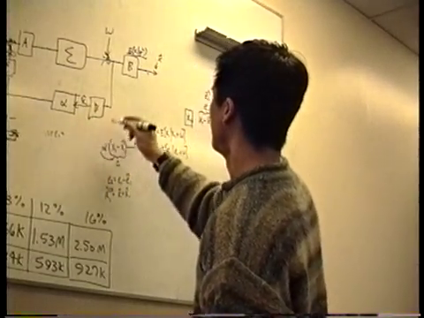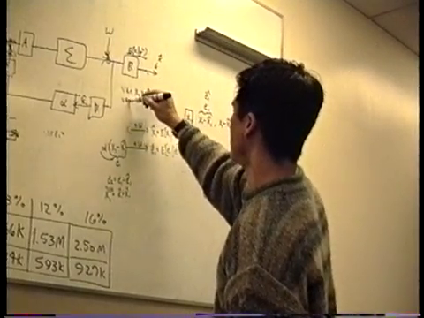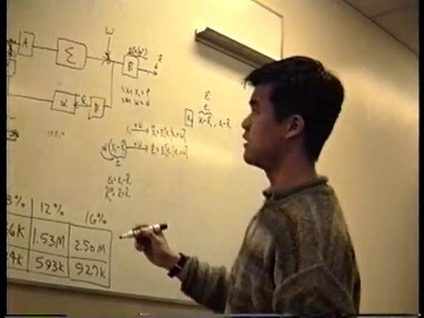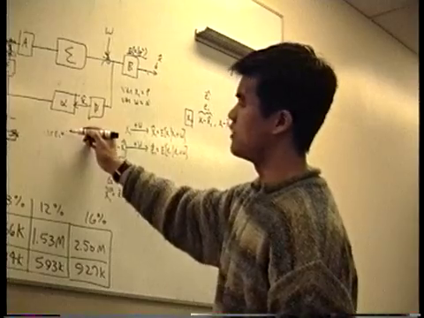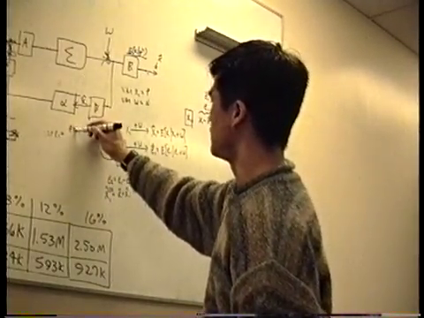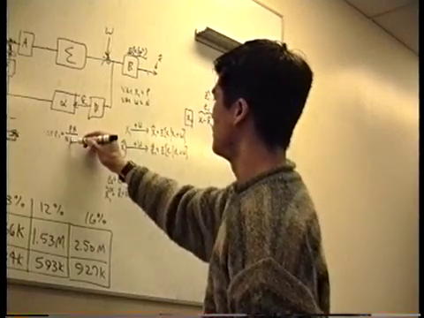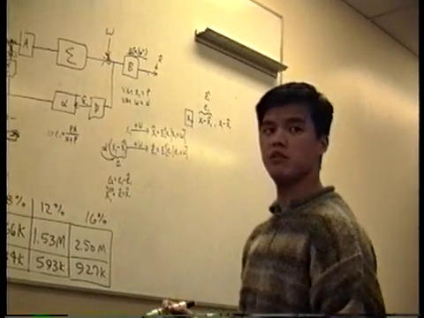Okay, so I'm going to say the variance of x1 equals p and the variance of w equals n. Using the standard formula for linear least squares estimation, I believe the variance of E1 equals Pn over n plus p.